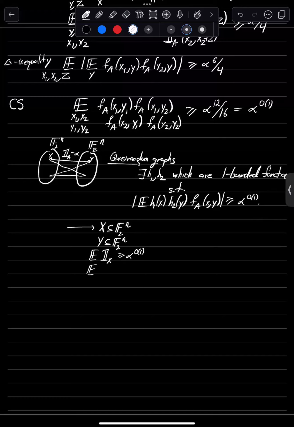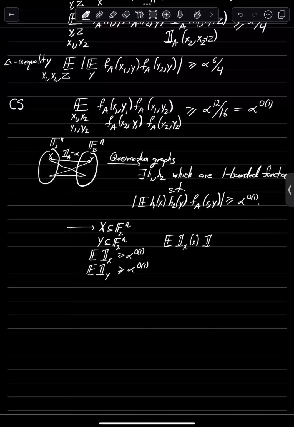The expectation of the indicator function of y is bigger than some power of alpha. And we have that the expectation of the indicator function of x, the indicator function of A(x,y), the indicator function of y, is bigger than alpha plus alpha to some power times the expectation of the indicator function of x, the indicator function of y.